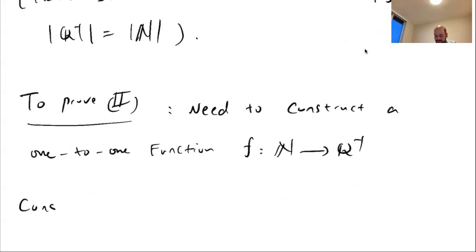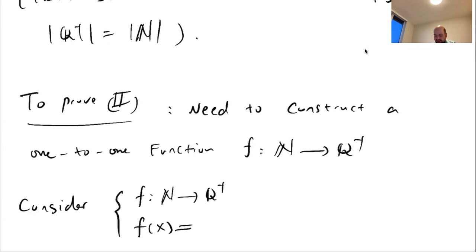So consider f from N to Q plus, f of x equals x. Again, the identity function. The identity function, of course, is one-to-one, because f of a equals f of b, of course, implies a equals b, because f of x is equal to x. And it's a function from N to Q plus, right?